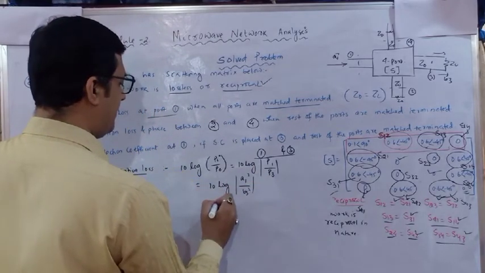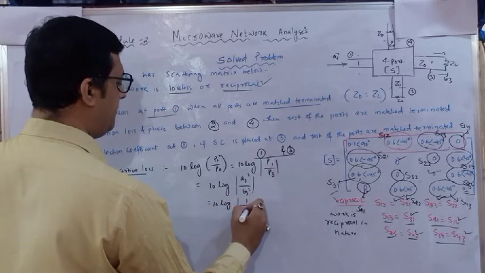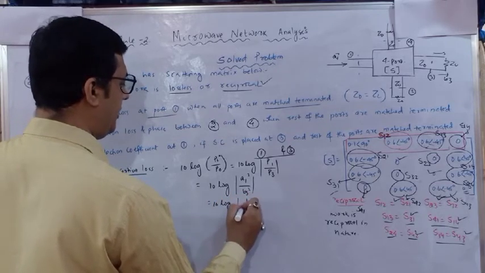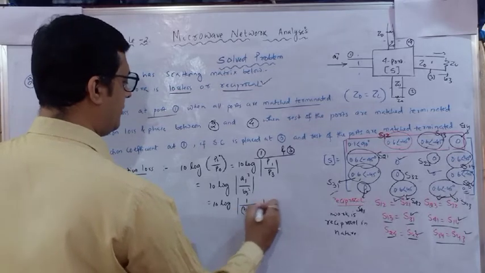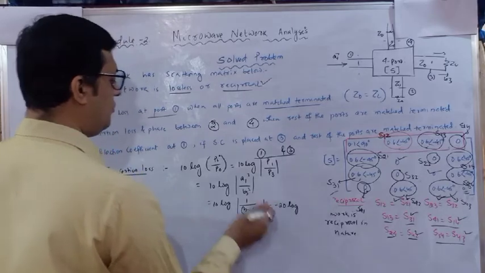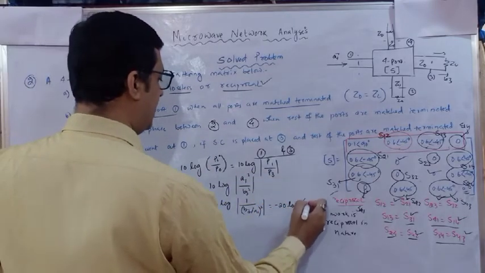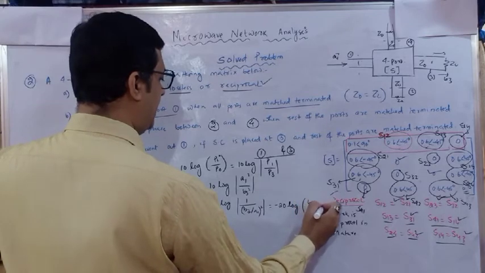I will resolve this: 10 log 1 by (B3 by A1) whole square. So here I will get minus 20 log, this 2 you take outside, take this denominator to the numerator and put minus, you will get B3 by A1.